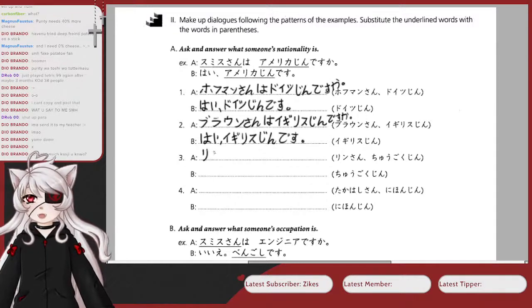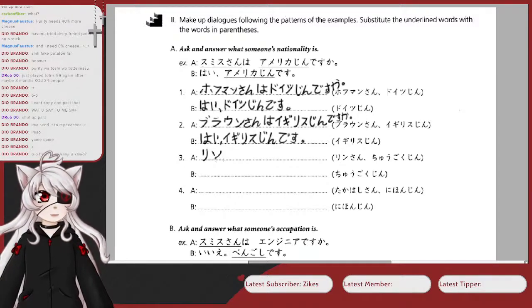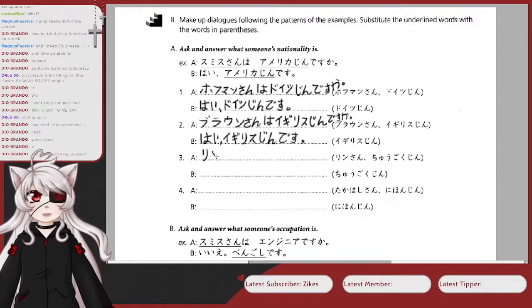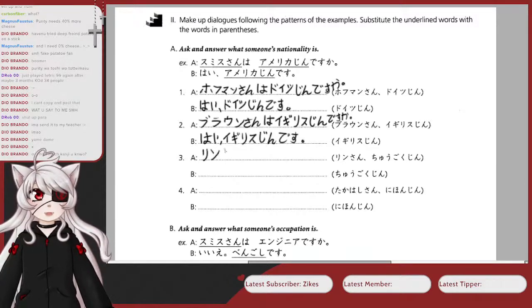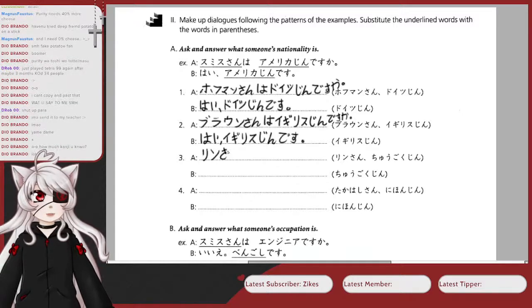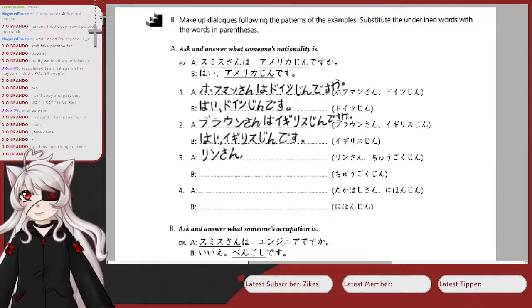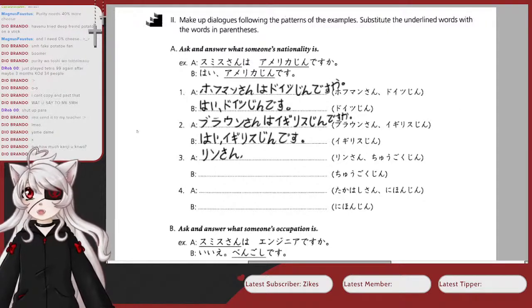Anyway, it's fine. Kanji isn't introduced until book 2. I don't even start writing watashi. Yeah, no, kanji is kind of my weakness.